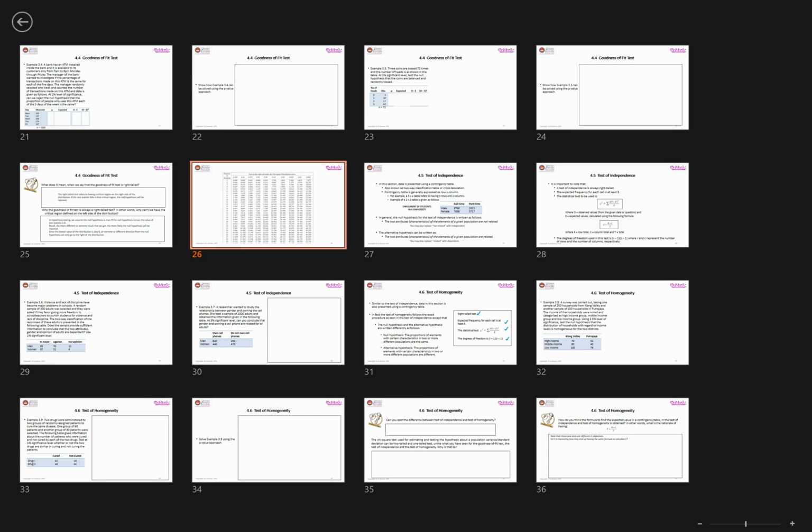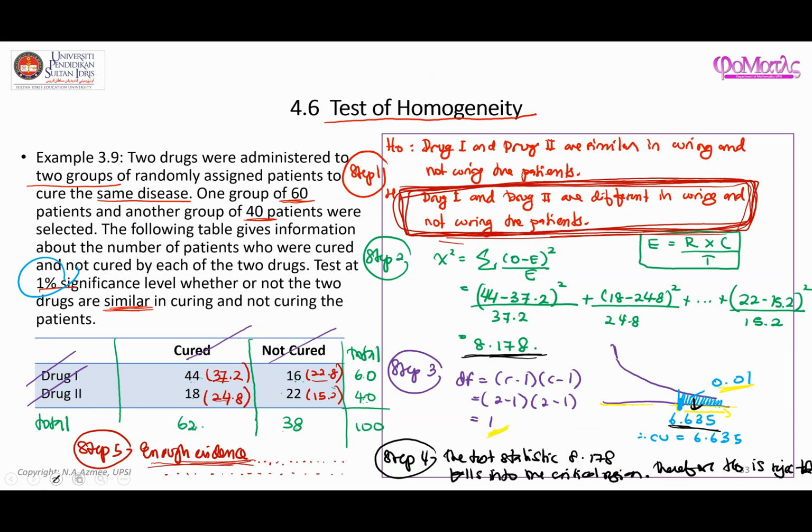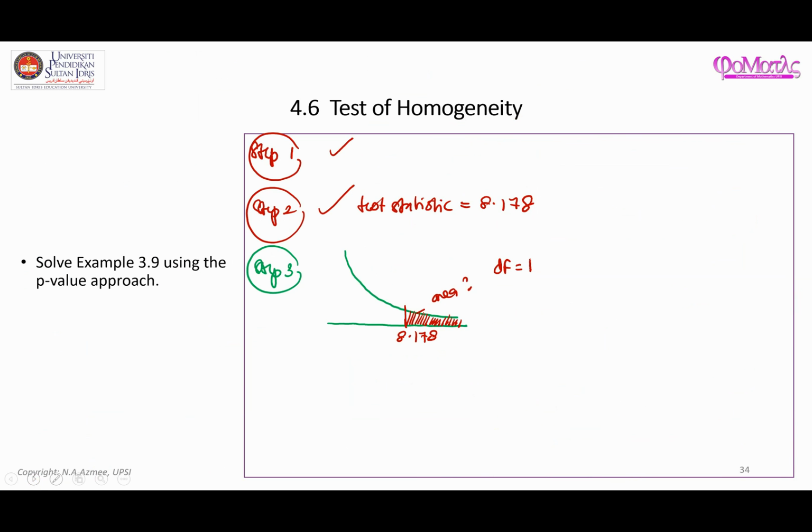Now we will say that the area here for 8.178 is going to be less than 0.005.